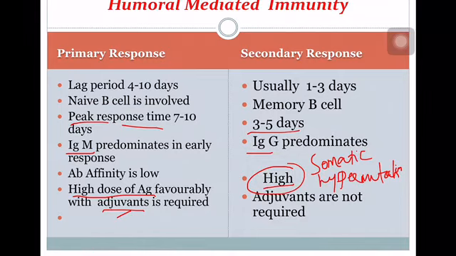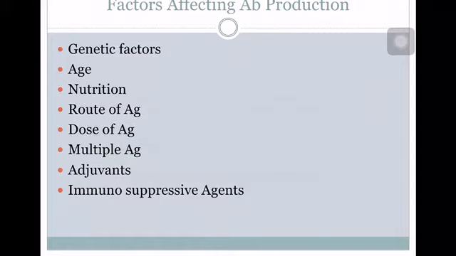So, in the primary response adjuvants with the high dose of antigen are required to produce antibodies, but for the secondary response adjuvants are not required because it already has a memory of it. This is about the comparison between the primary response and the secondary response that is mediated by the antibodies. Now moving on to the factors affecting the antibody production.